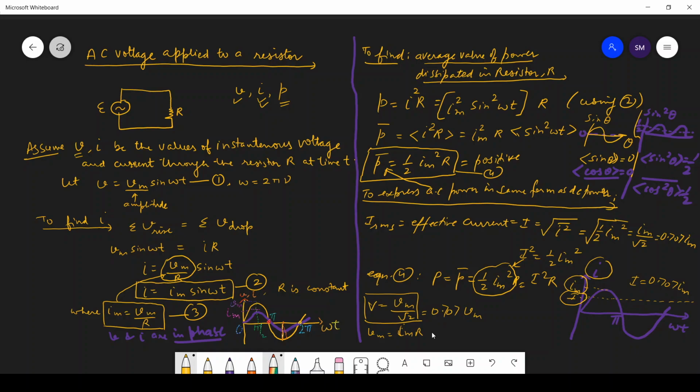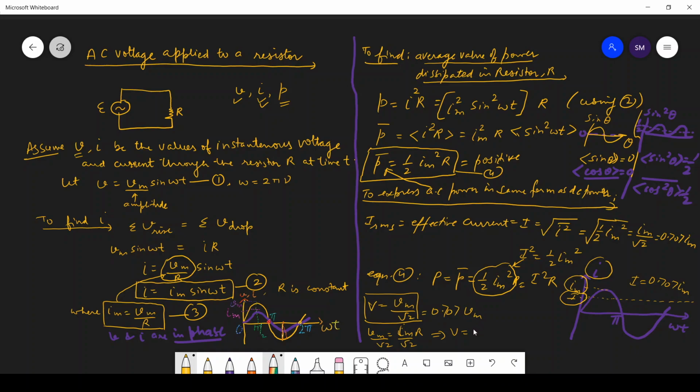Dividing both sides by root 2, Vm by root 2 is V, and Im by root 2 is I.